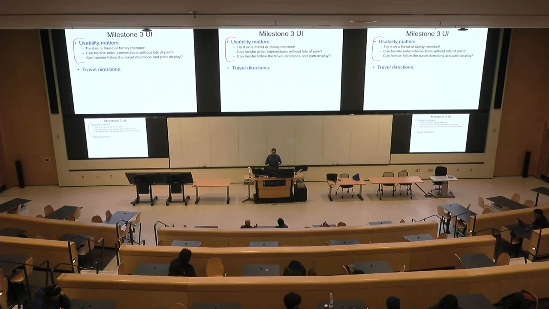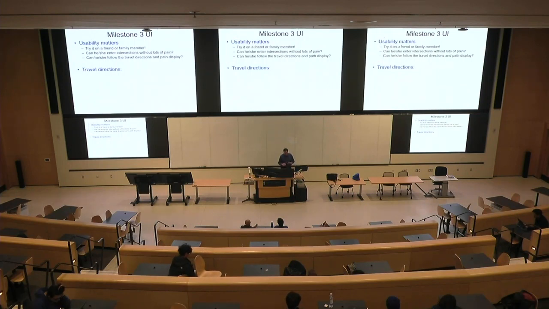Can that person enter these intersections and click on these intersections without a lot of pain? Can he or she follow the path directions and the path display, or do they get confused? Do they need a lot of guidance where they're asking you questions? Because your ideal is you just give them the user interface and they just figure it all out. So test that on somebody who's not on the development team.